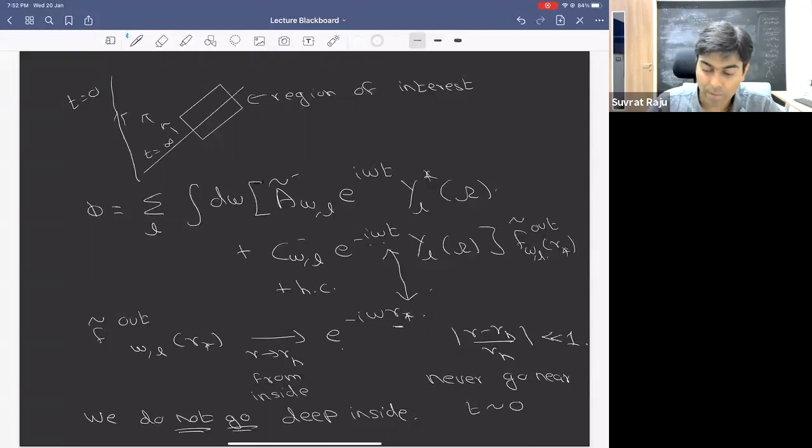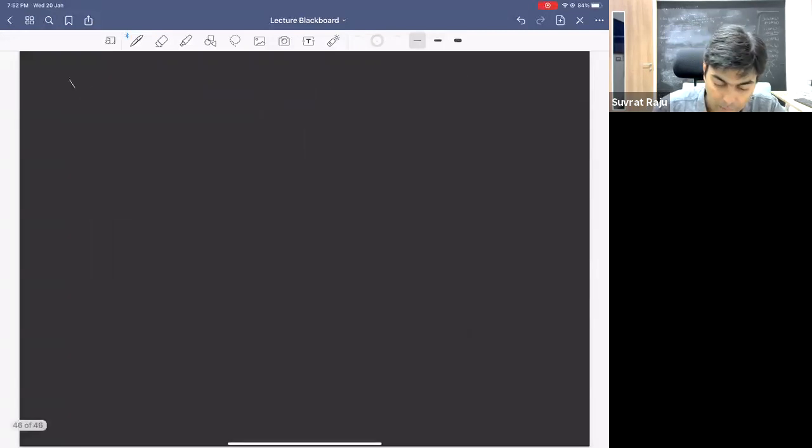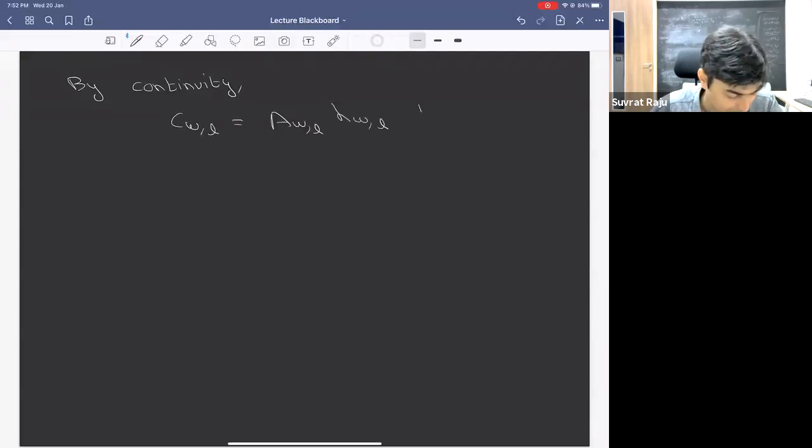So by a requirement of continuity, we find that these C omega L modes have an expression which is A omega L into this H omega L factor I mentioned, plus B omega L into this G omega L factor that we had previously.